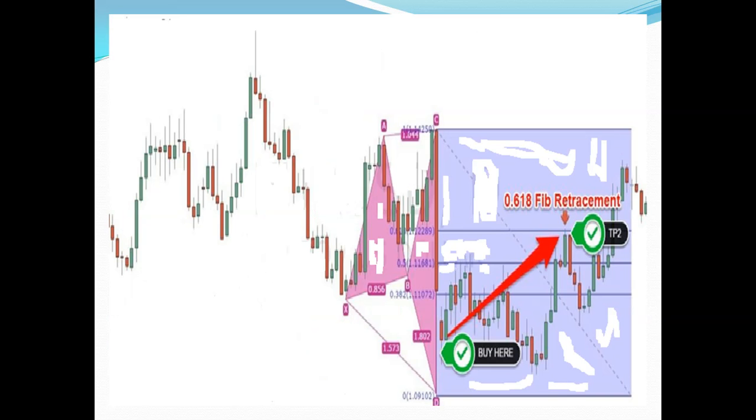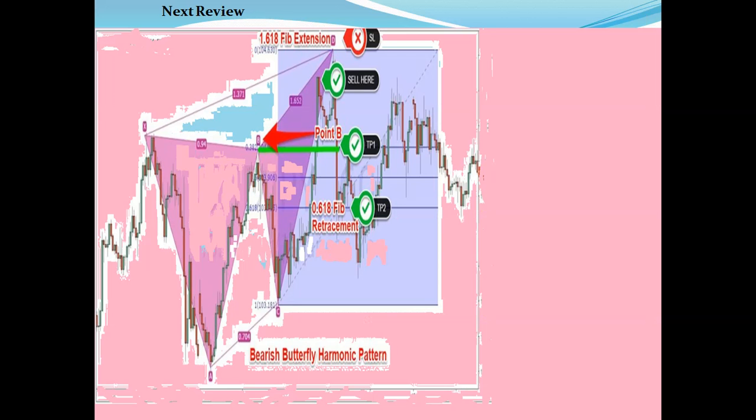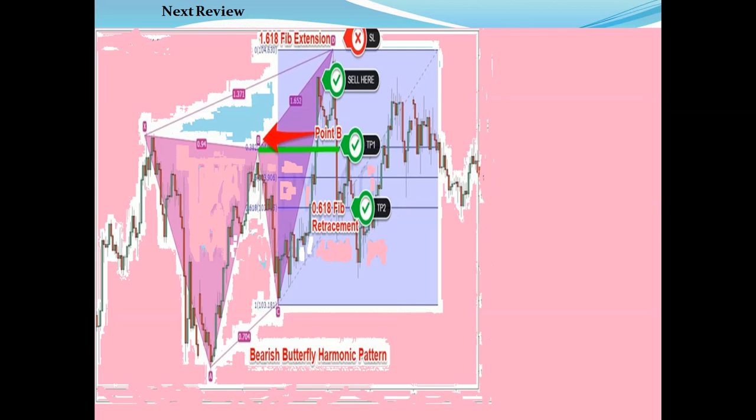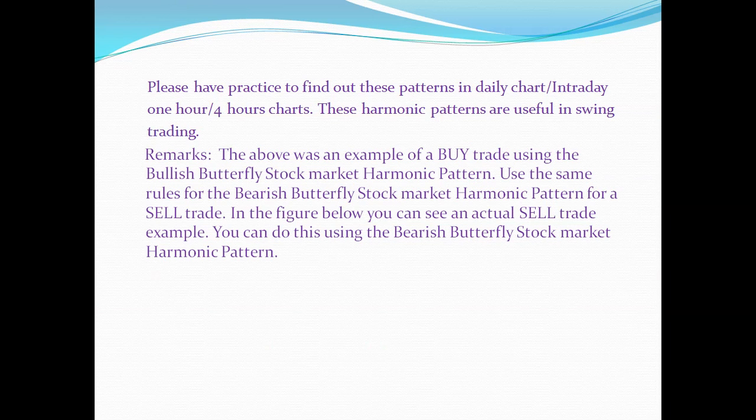Then you see Fibonacci retracement 0.618, and we can book profit at the second point. This is bearish, so you can sell at one point and we can sell at the second point. So the above example was a buy trade using bullish butterfly harmonic. Use the rules for bearish butterfly market harmonic pattern for a sell trade.